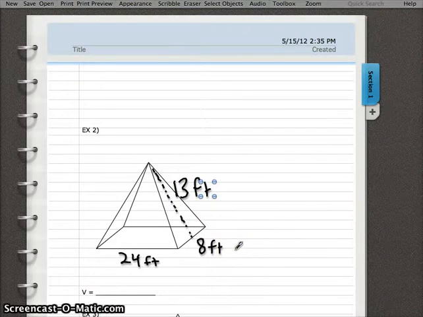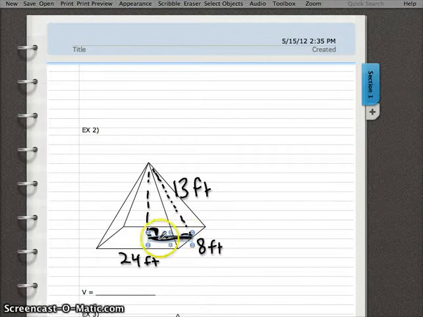Well, if we use that information, we can actually find the height if we draw a triangle here in the middle of our pyramid. And make sure it's a right triangle. And really what we just drew is a radius of our square down there, or the radius of the base.